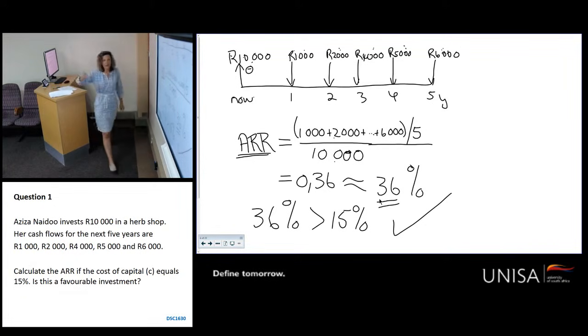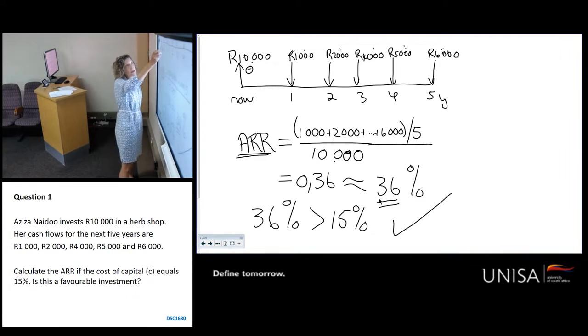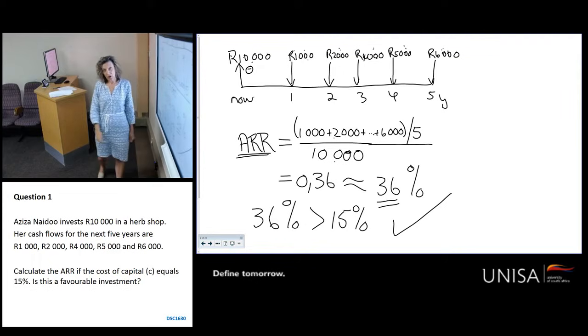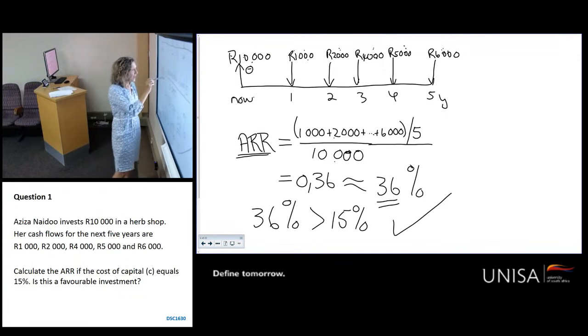Right, now if we think of this example, we've added different values at different time periods, and you all know we're not allowed to do that. So the average rate of return is just a basic indication of the investment possibility.